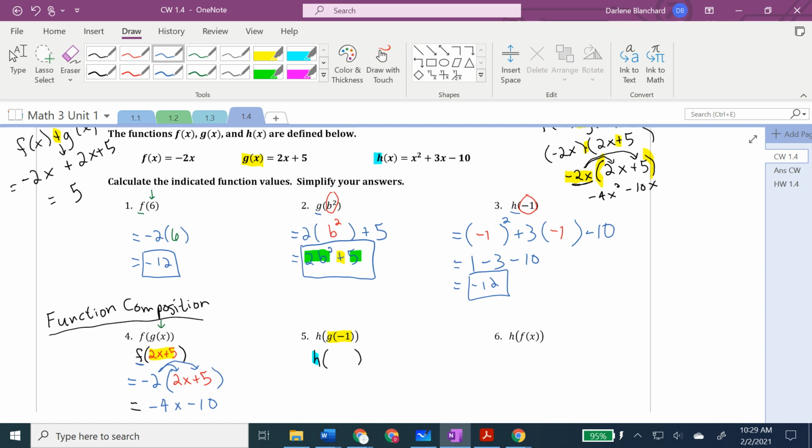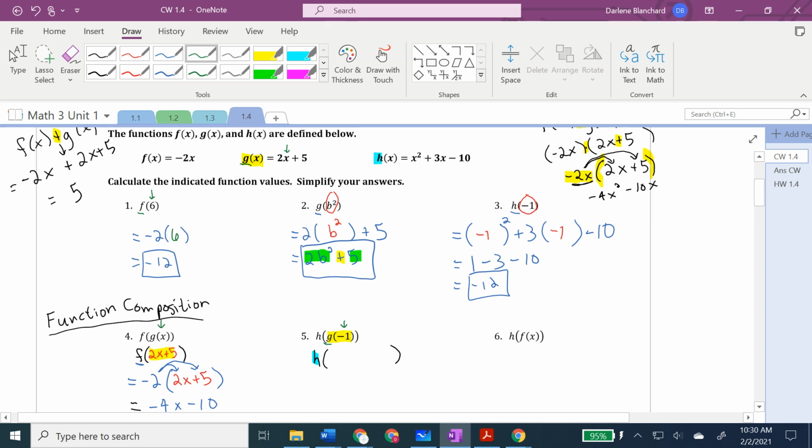Sometimes it helps to break up a problem into smaller steps. What I'm going to do is I'm going to make a bigger parentheses. And then I'm going to look at g of, and whenever I'm plugging something into a function, I'm going to replace its x with a parentheses.